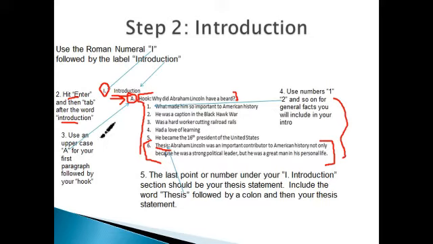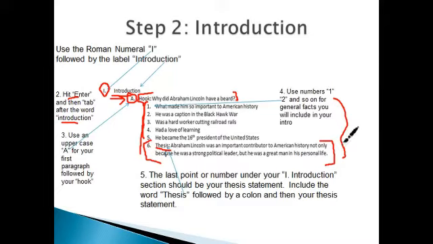So again, for your introductory paragraph, you will use the Roman numeral 1, followed by the title Introduction, and then you will use a capital A to indicate that paragraph, your intro paragraph. You will begin your intro paragraph outline with your hook, followed by some general information, and then you will end the outline of your introductory paragraph with the thesis statement.